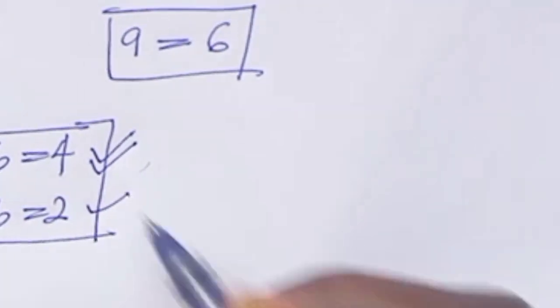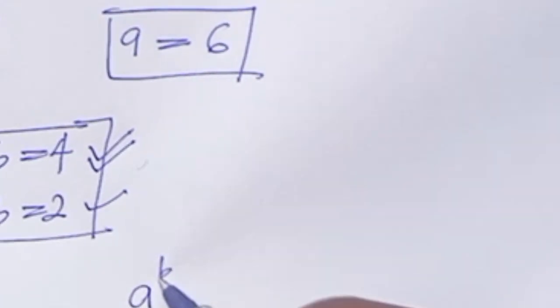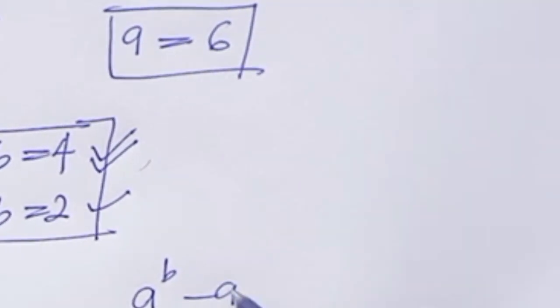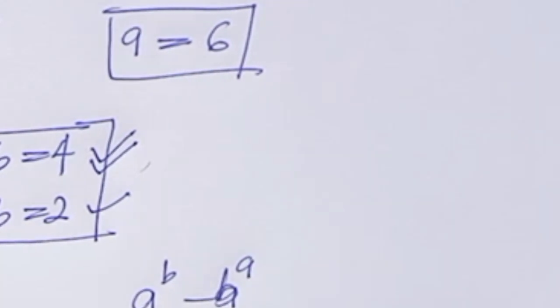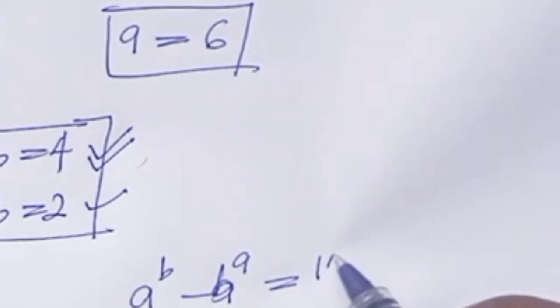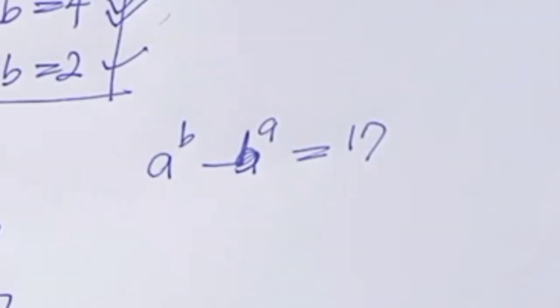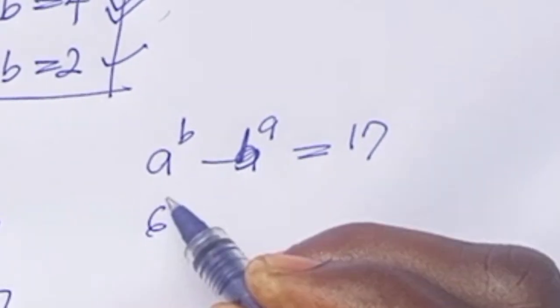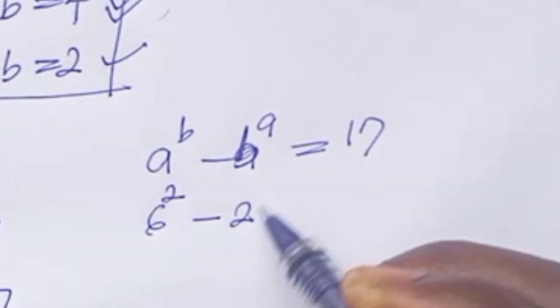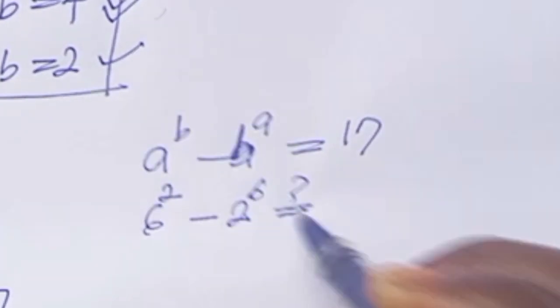Again, for the second pair, we have a to the power of b minus b to the power of a. Would it be equal to 17? So we're going to verify a is 6 and b is 2. So this equation becomes 6 to the power of 2 minus 2 to the power of 6. We want to know if this will give us 17.